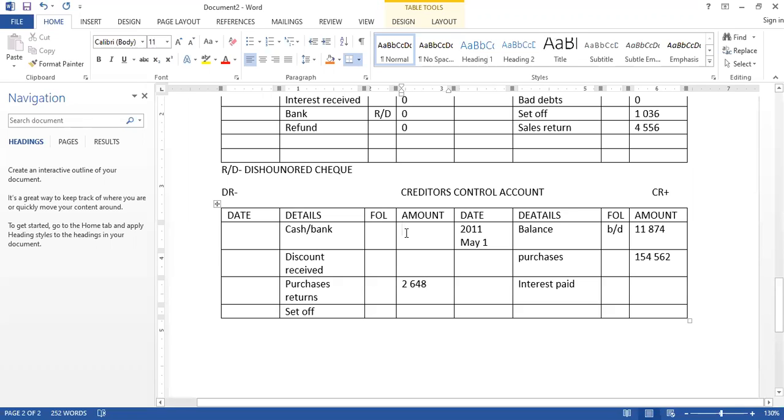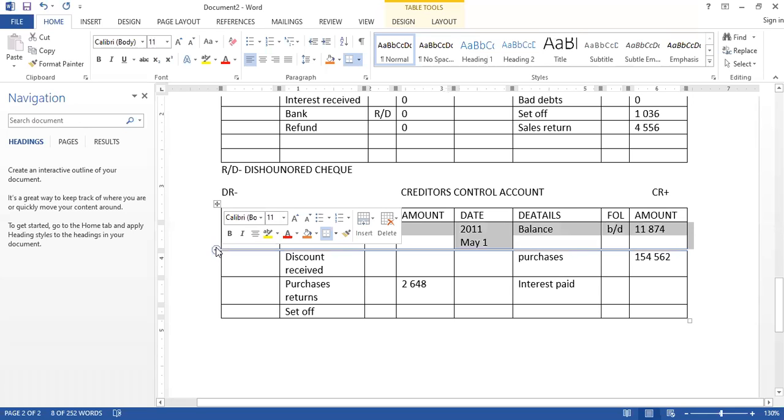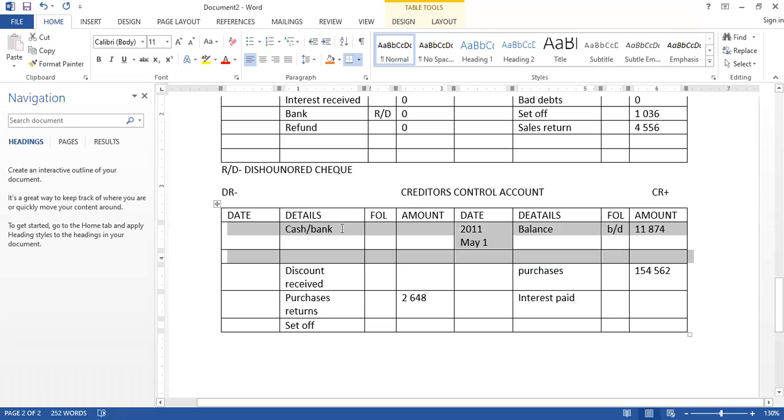Now in this case, it's divided. We have cash and bank. With the creditors, they divided the two, cash and bank, unlike in the debtors, where we are told checks and cash received, so it's bank and cash.